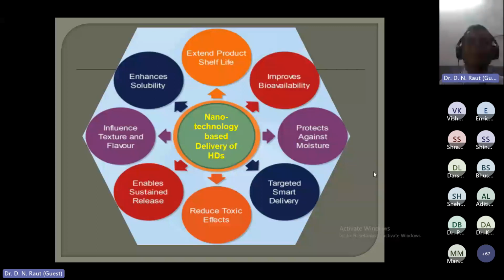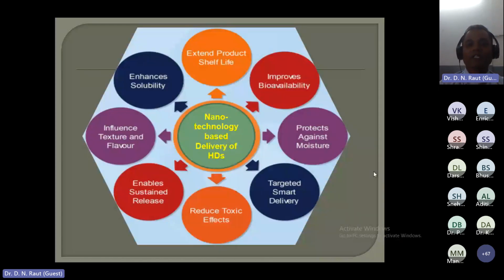There is one important technology, nanotechnology, that we can use in medicine to improve the bioavailability of herbal drugs. Allopathic drugs have also been tried with nanotechnology, and we have had more success in this case. Similarly, herbal drugs can be transformed into a suitable dosage form using nanotechnology, because it extends the product shelf life, enhances solubility, and influences texture and flavor.